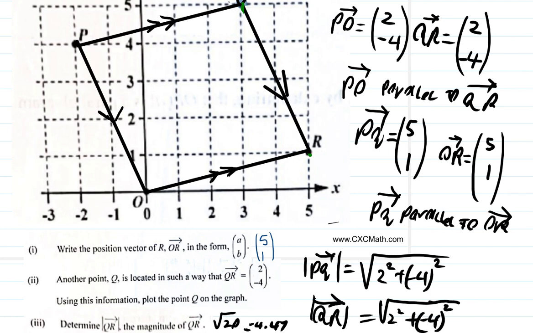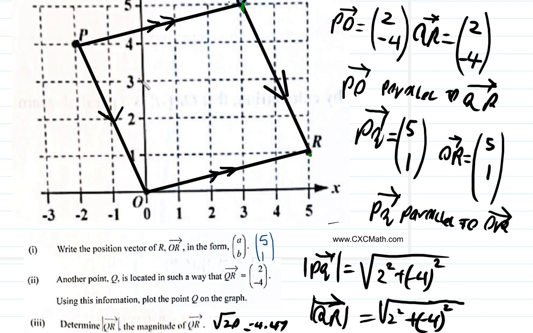You would need to work it out fully just to show that they are the same. That's the magnitude. And you can see that the magnitude of PQ would be square root of 5 squared plus 1 squared. For OR, it would be the same, square root of 5 squared plus 1 squared. Right?